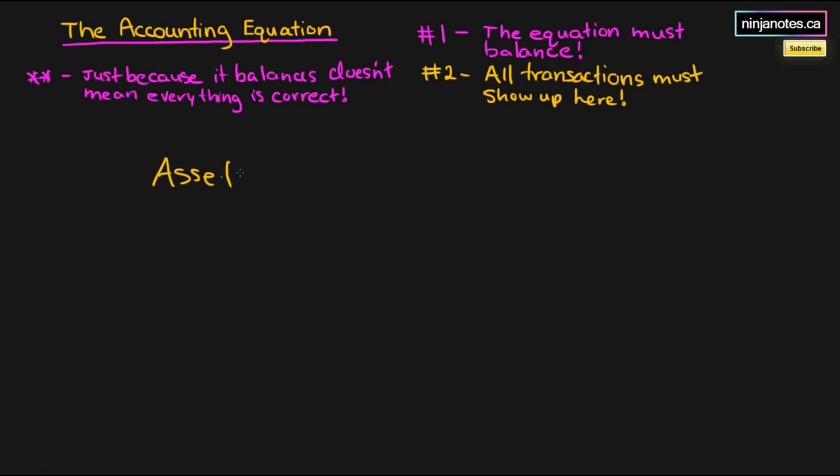So the accounting equation is assets are equal to liabilities plus equity. And I'm pretty sure you're going to ask, why do assets have to equal liabilities plus equity? Why can't it be liabilities is equal to assets plus equity? And that's because if you think about it, we create assets by doing one of two things.